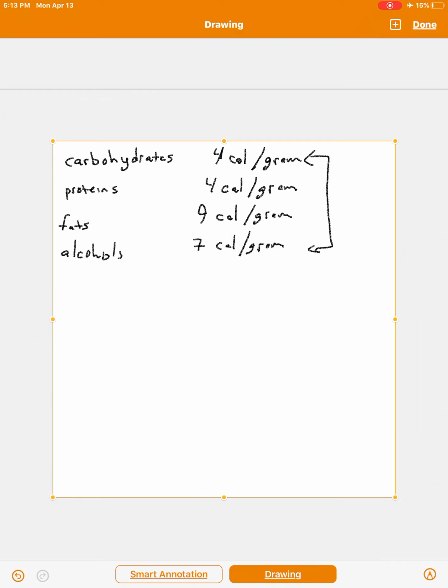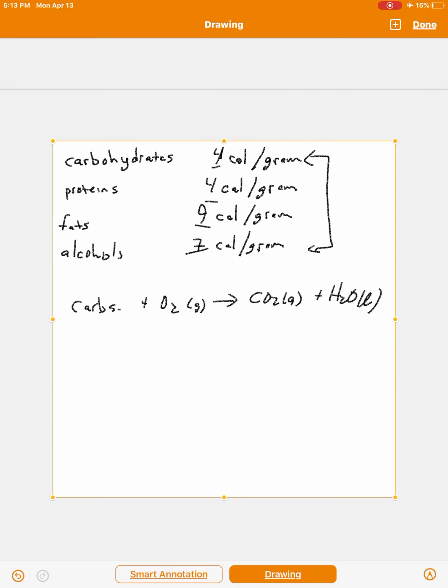Essentially, we combust internally. We combust these materials to get energy out of them. Okay? So essentially, you take your carbohydrates, you breathe in oxygen, you combust the carbohydrates into carbon dioxide and water, right? You pee the water out and you breathe out the carbon dioxide, but you get energy out of that. And so these are the energy contents of those.